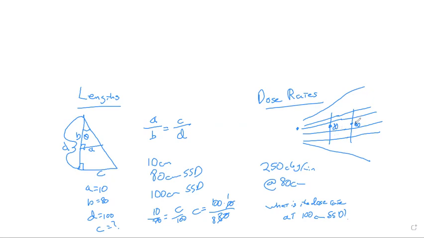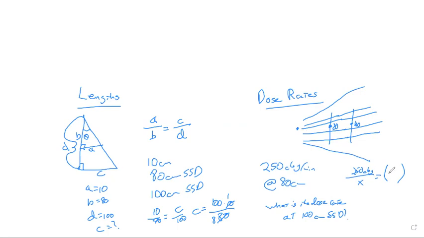The dose rate here, since it's further away from the source, should be less, and it's going to be less by an inverse square amount. So let's say we have our dose rate here, 250, and we don't know what it is over here, so I'm just going to call it X. We don't follow the same similar triangle argument, where one opposite leg over adjacent leg is the same as the opposite leg over the adjacent leg over here.